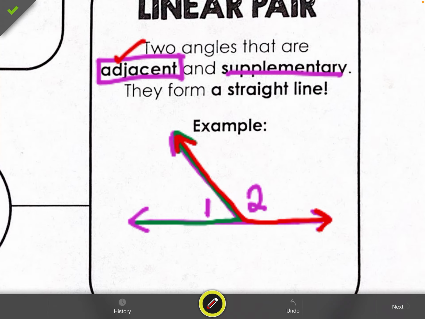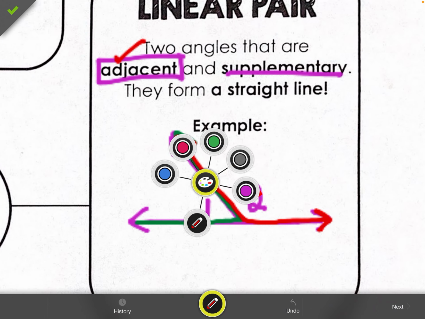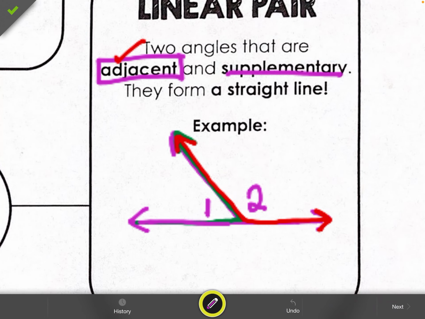So that meets this qualification. They're adjacent, they're next to each other, share a side. And together I see that they form a straight line, or again, a straight angle.